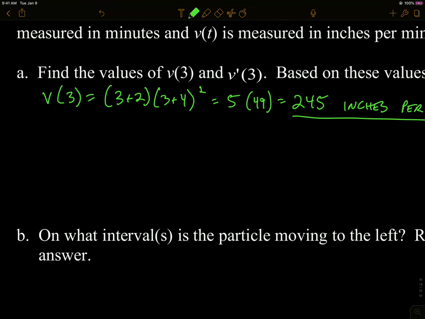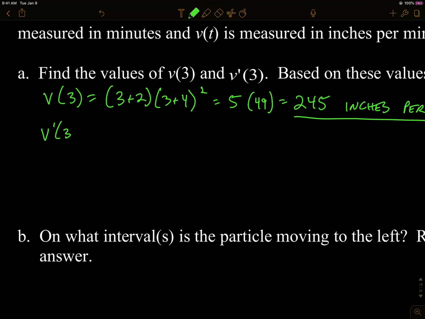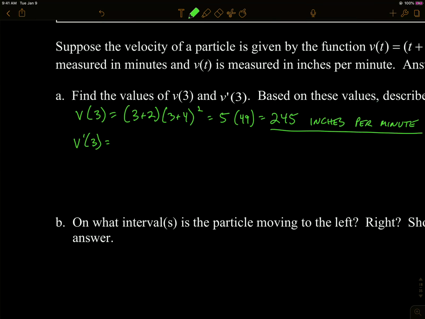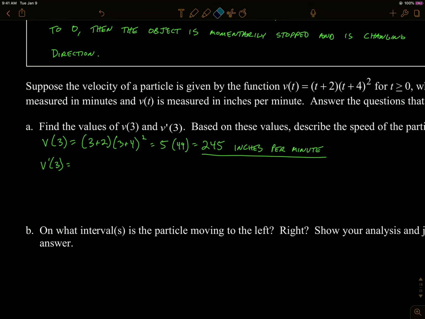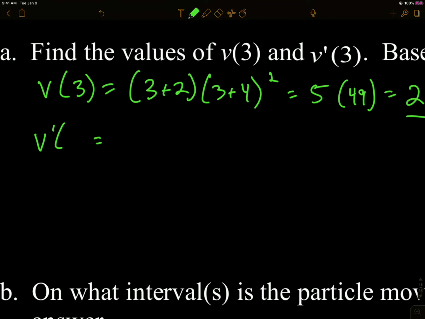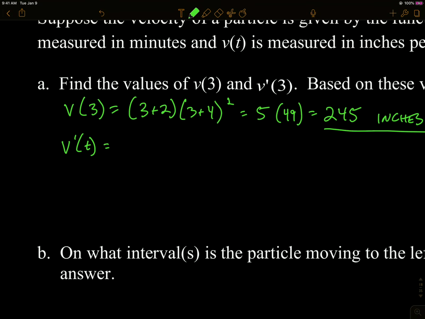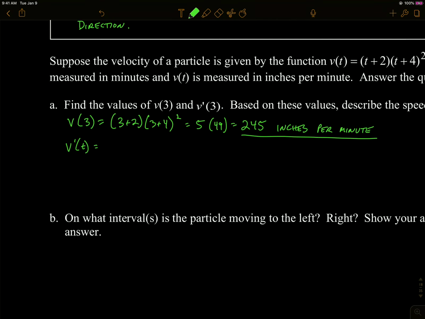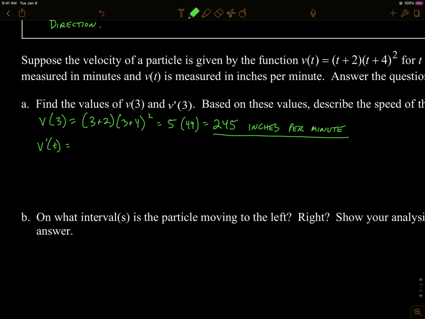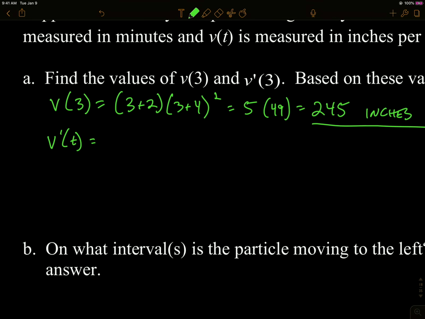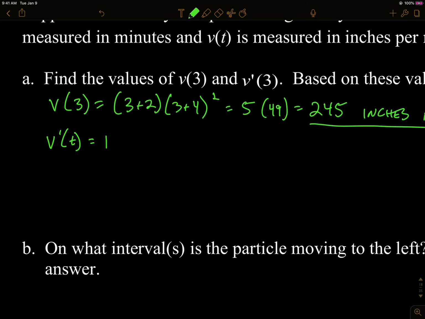There's v of 3. V prime of 3, we've got to do product rule on this guy. So first let me do v prime of t. The derivative of the first is 1 times recopy the second, plus recopy the first times the derivative of the second.